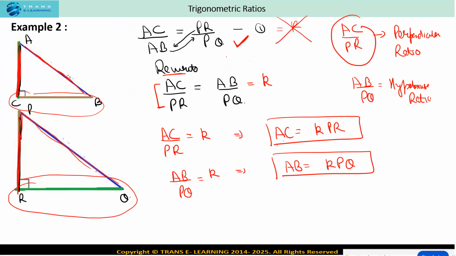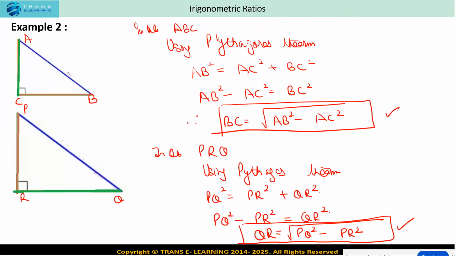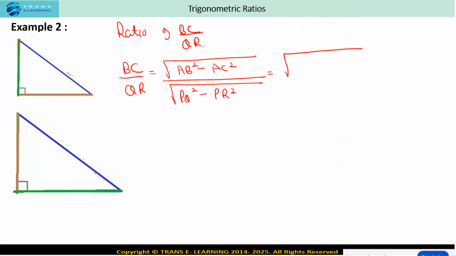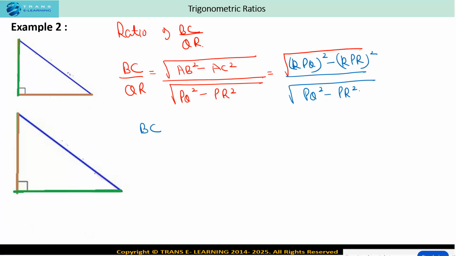Your AC is KPR and your AB is KPQ. I am substituting the values of AB and AC here. Remember to substitute it in the numerator. So this will be K PQ whole square minus K PR whole square, and the denominator will remain the same, that is PQ square minus PR square.